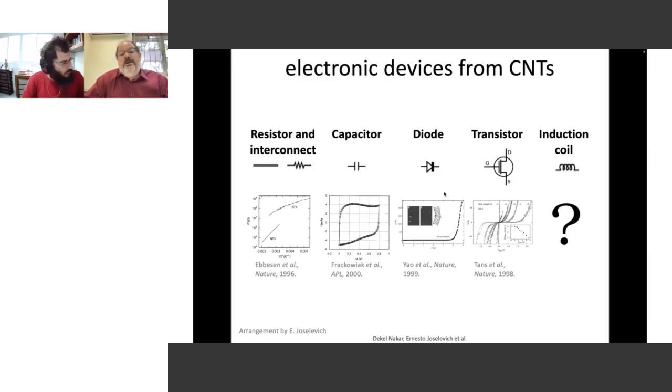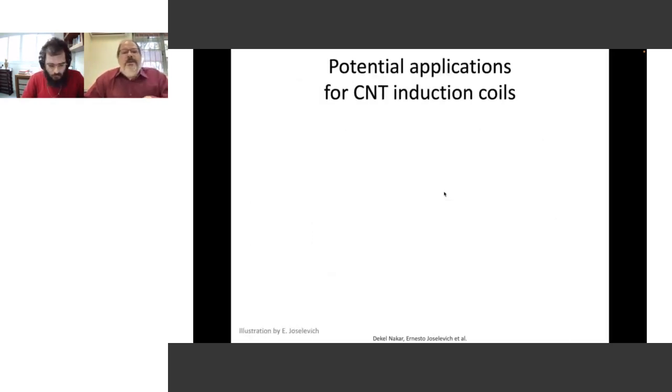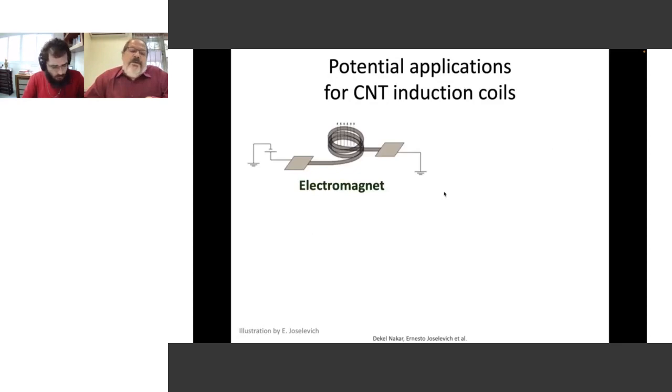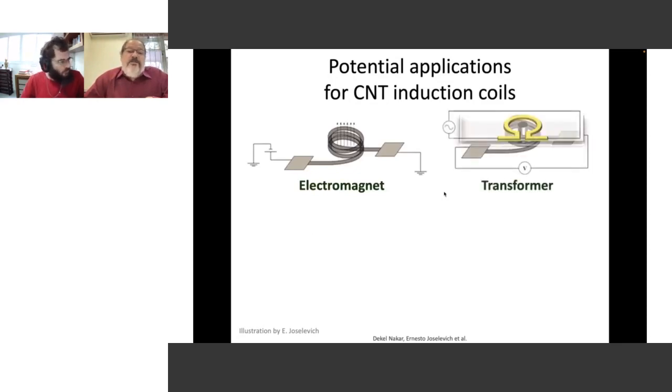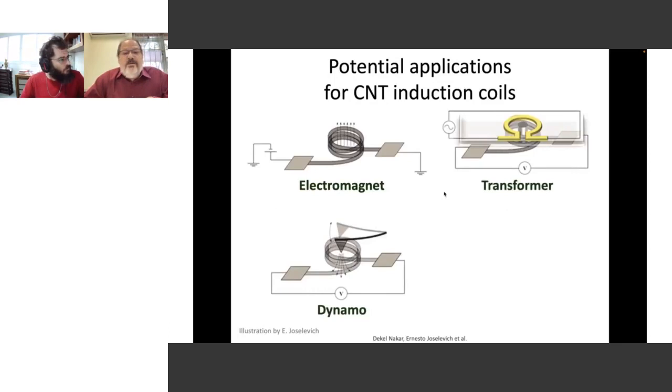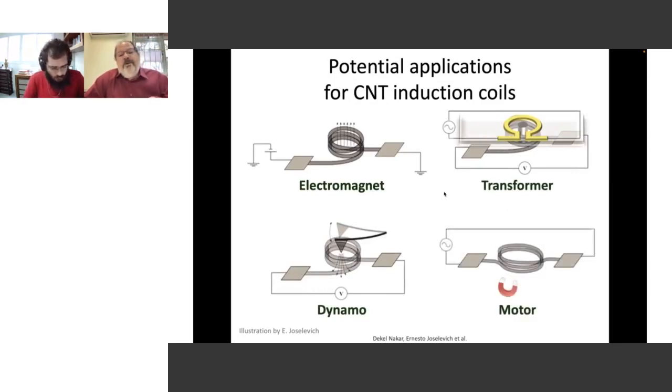That's the coil. Nobody could make a good coil using nanotubes. This is very important, because if you do not have coils, you cannot have a lot of very important applications such as electromagnetic transformers, motors, and so on.